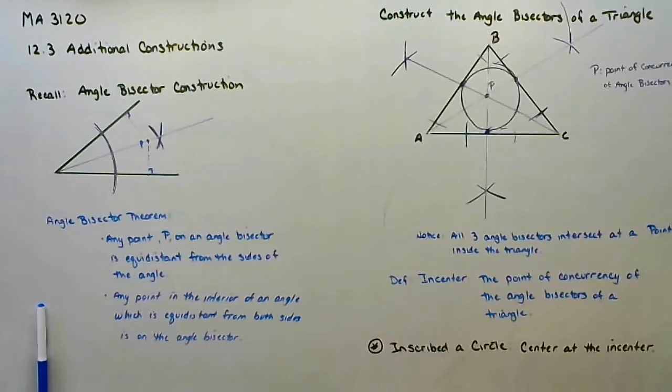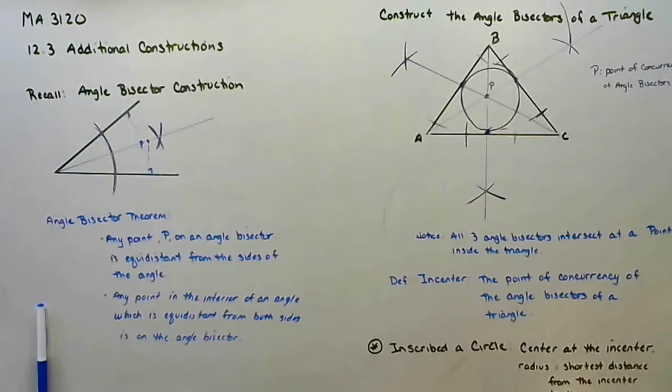We know that the radius of the circle is the shortest distance from the incenter to the sides of the triangle.